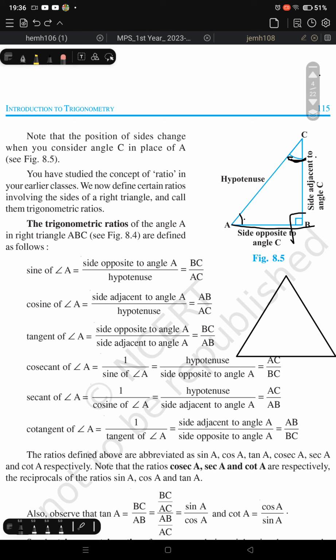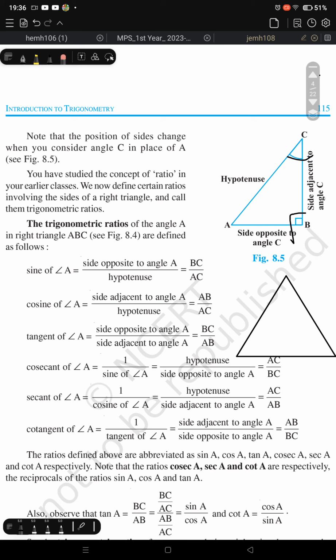But when we consider angle C, forgive me, let us recall it once again.